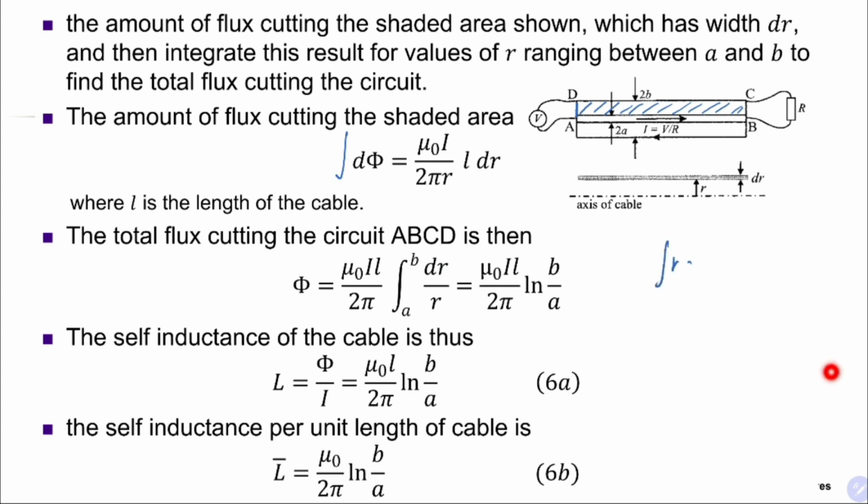The integral of dr over r is natural log r, with limits A to B. And therefore we end up with mu naught I times L over 2 pi natural log B over A. Then the self-inductance will be the flux linkage divided by the current, which gives mu naught L over 2 pi natural log B over A. Per unit length, divided by L, the length, that will be mu naught over 2 pi natural log B over A.